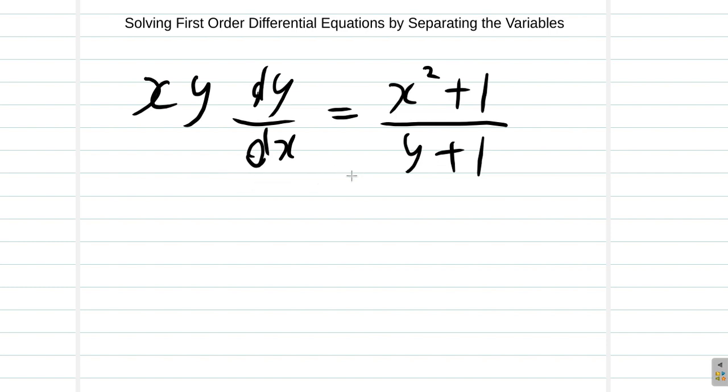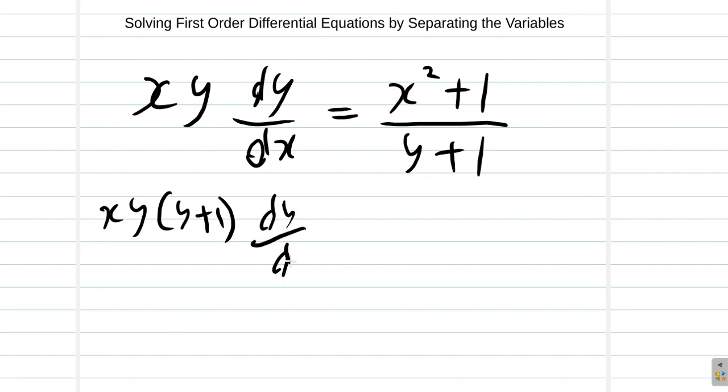Suppose you multiply both sides by y plus 1. You would have xy, y plus 1, dy by dx equals x squared plus 1. And you divide by x.